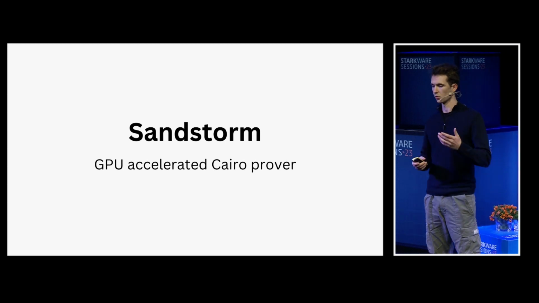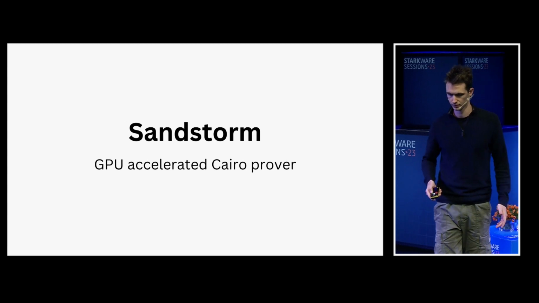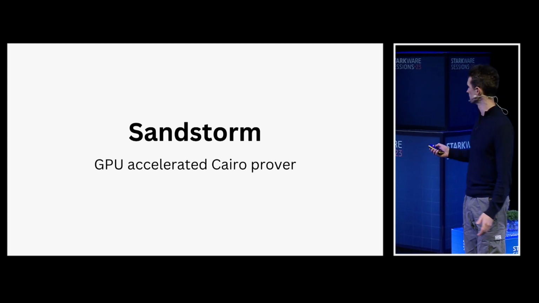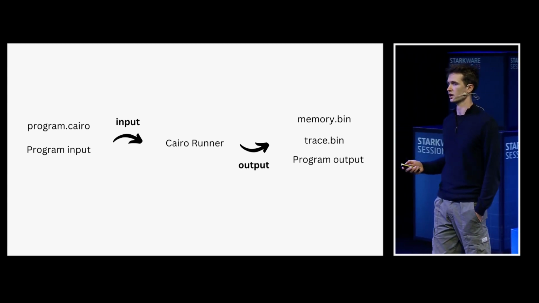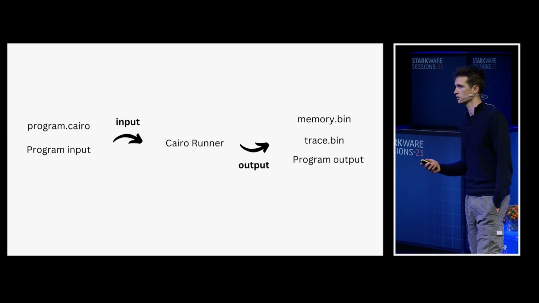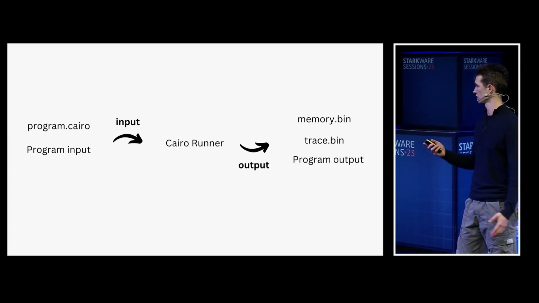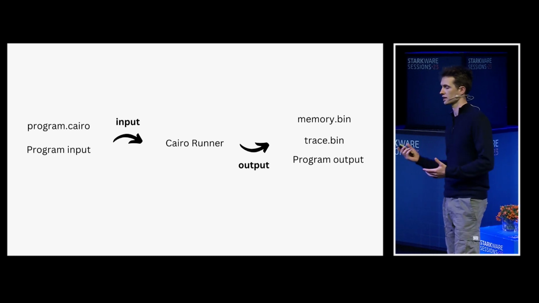So what is a Cairo prover? Before we get to a Cairo prover, we have to understand a Cairo runner. A Cairo runner will take some Cairo source code, it'll take some input, and it'll run it, and it'll get to some output.